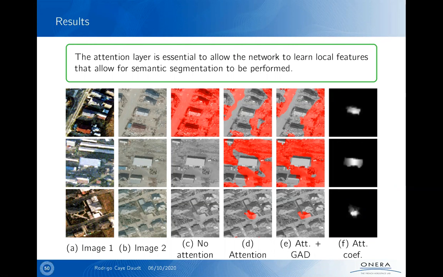And in D, you can see that if we are using the attention layer, the semantic segmentation becomes much more accurate, and it is able to predict different things for different pixels. And we can still post-process this with the guided anisotropic diffusion that I presented earlier to conform these predictions even more to the input images.